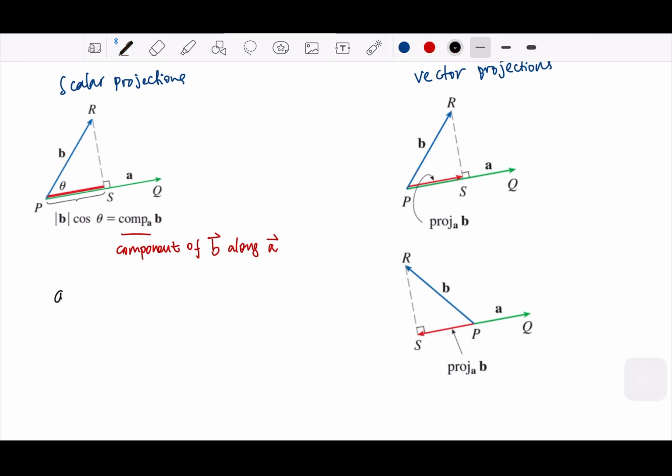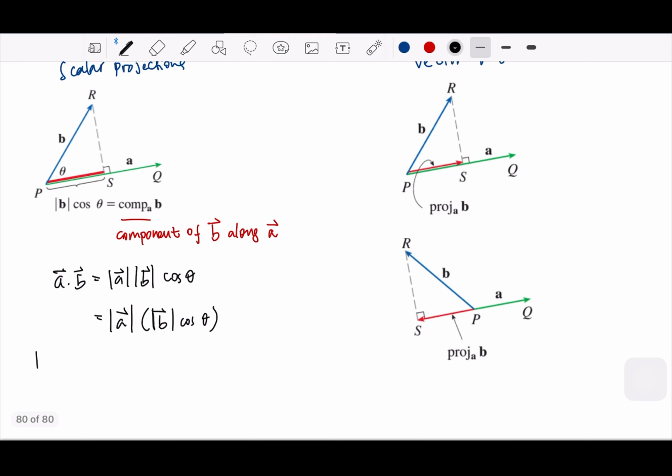Or, taking the dot product, B cosine theta is equal to A dot B divided by the magnitude of vector A. So this is the component of B along A.